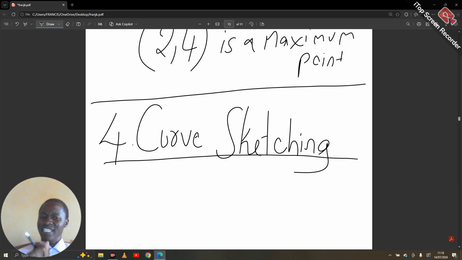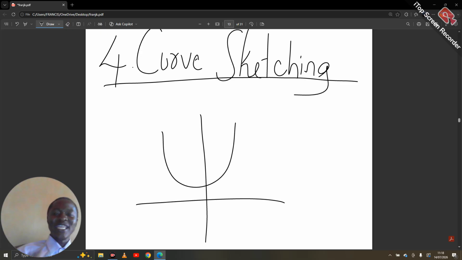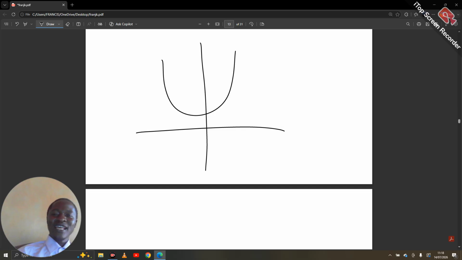But again, it is easy when you sit down with your book and learn, because there are some curves that appear this way. But remember those ones with only 1 point.